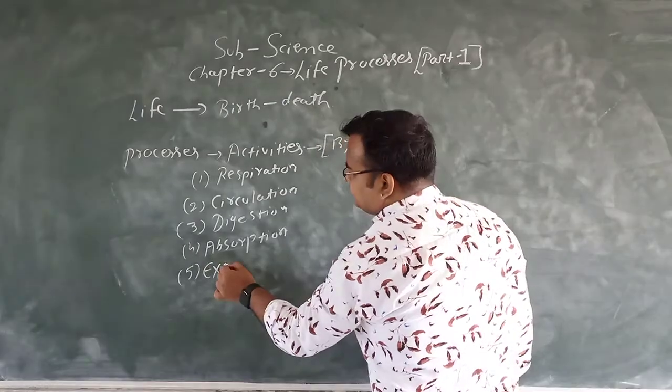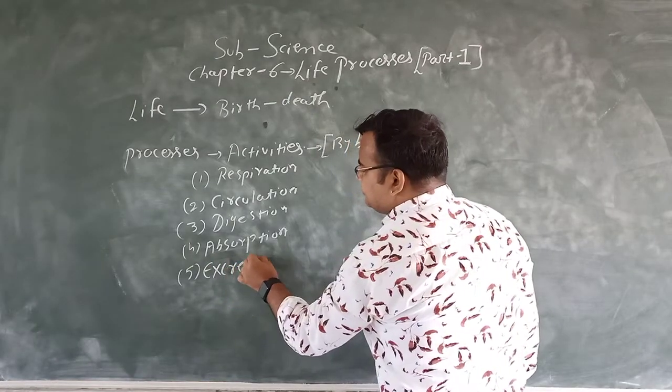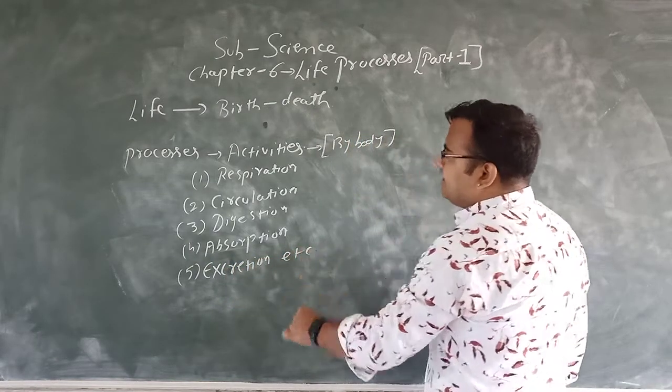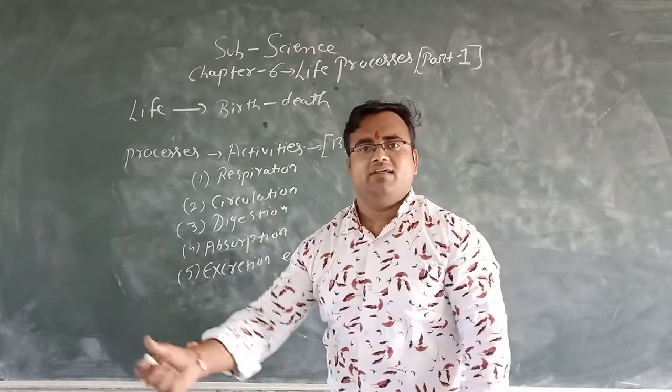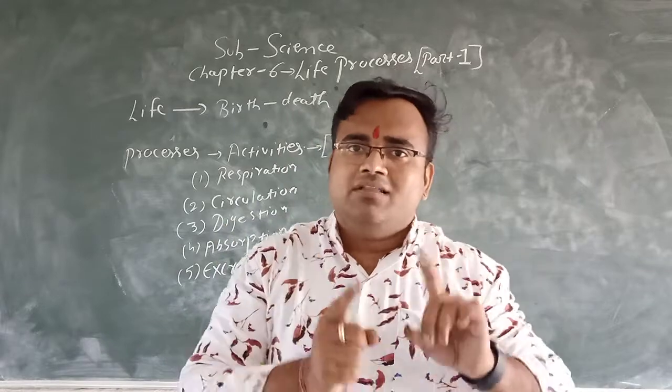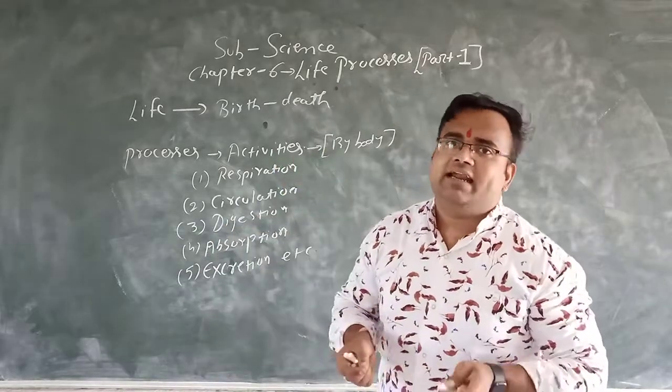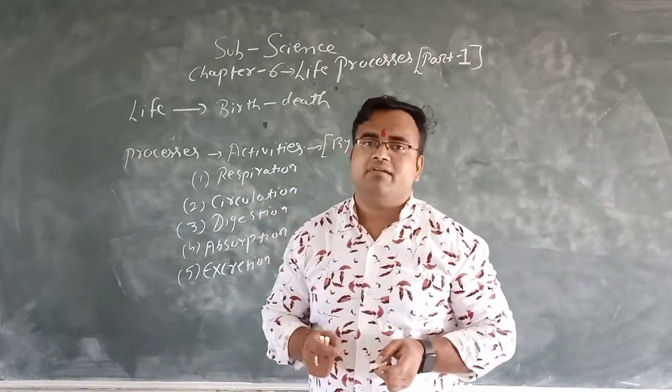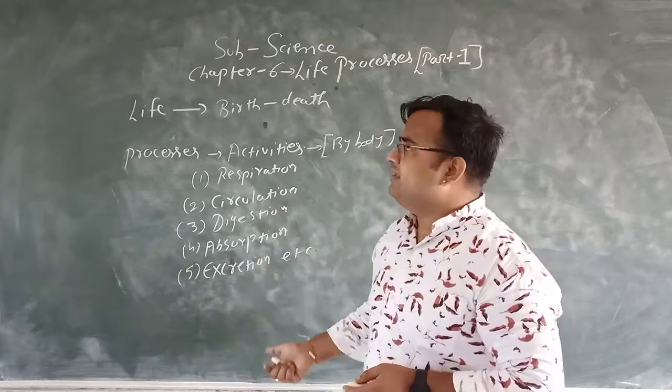Excretion, etc. These are some of the activities performed by our body. From birth to death, the various activities performed by our body system are known as the life processes.